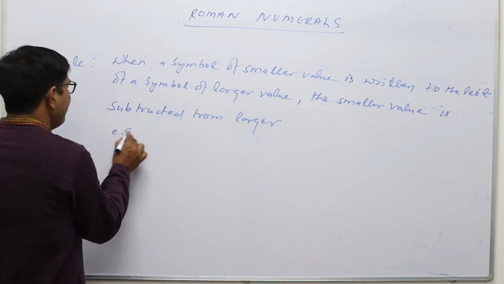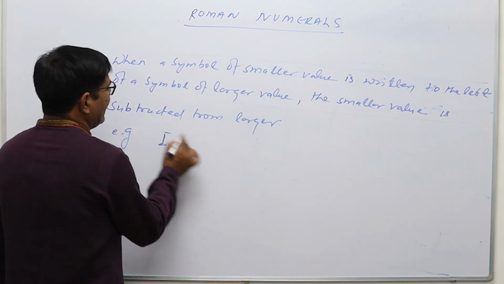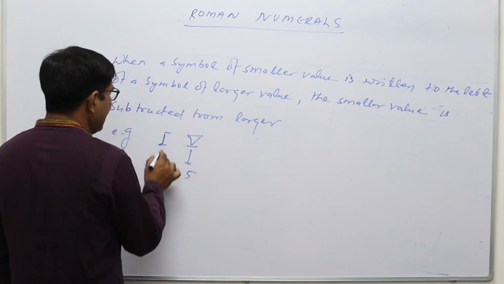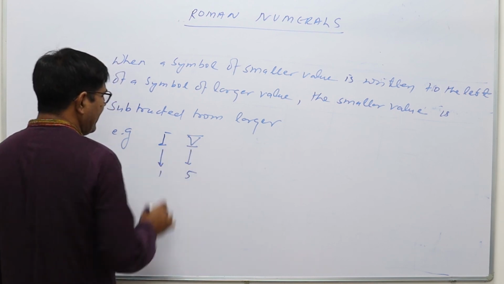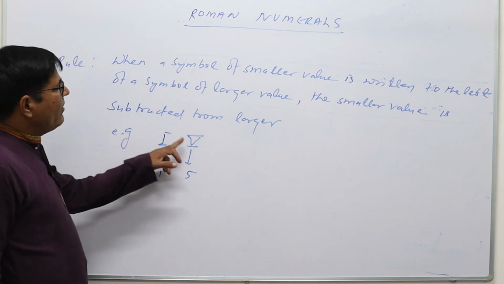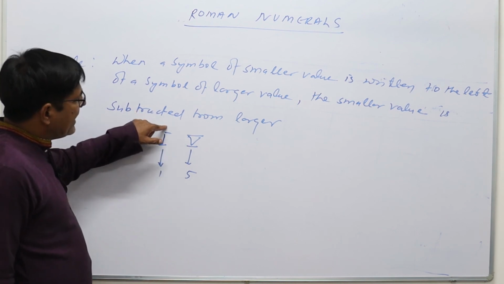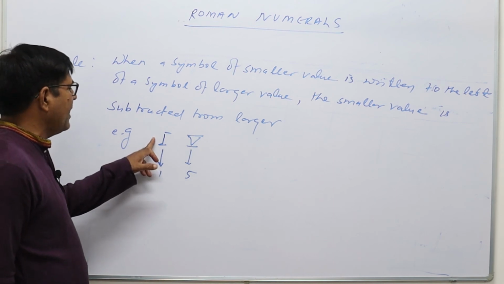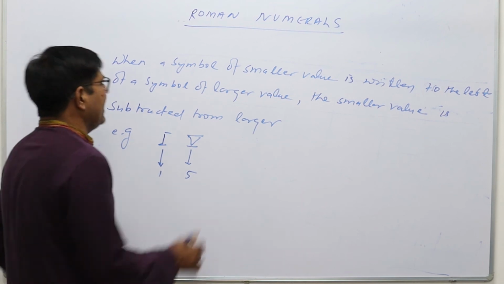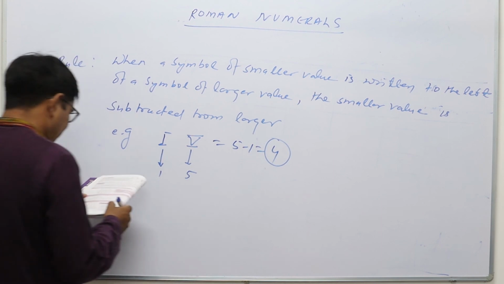For example, if we have the given number IV, here V represents 5 and I always represents 1. So I has the smaller value and V has the larger value, and here I is written to the left of the larger. So the total value of IV will be 5 minus 1, which equals 4.